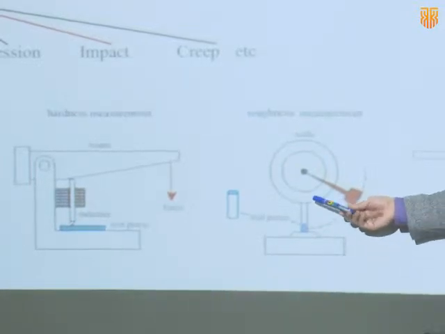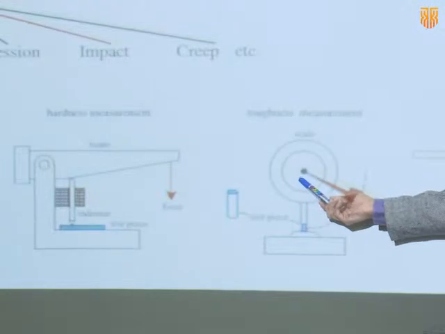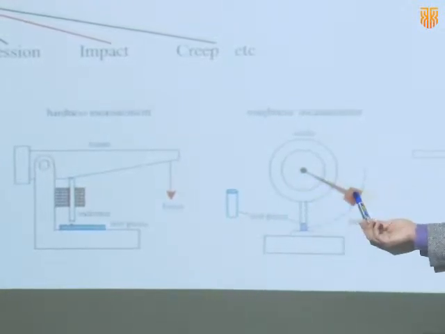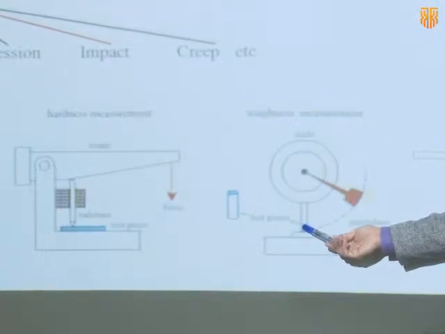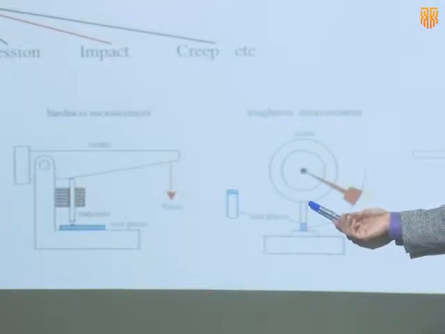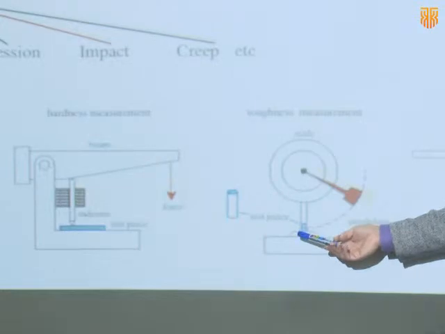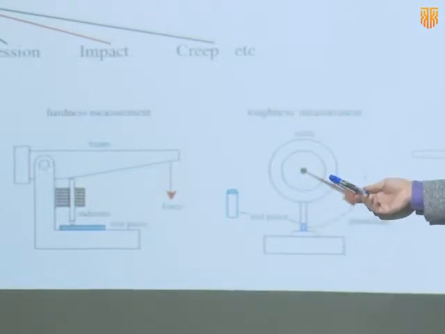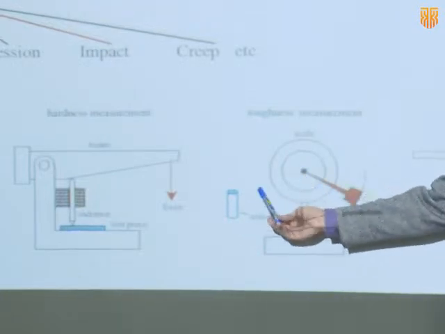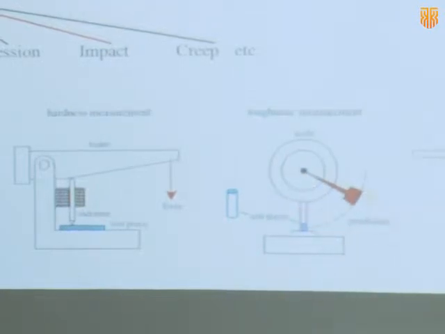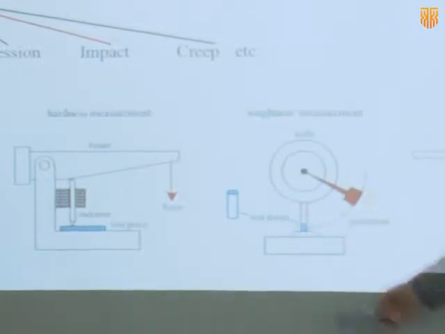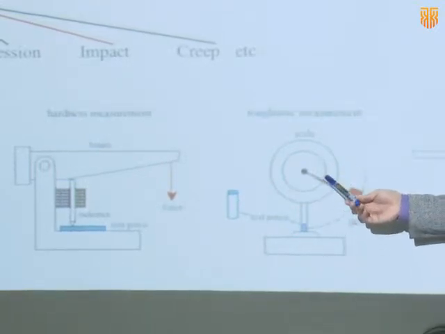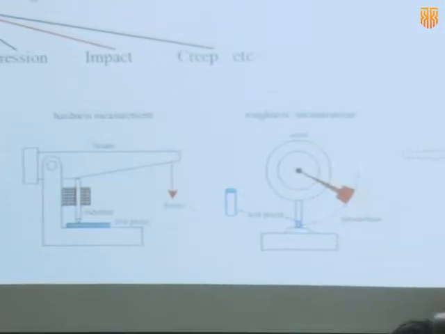So you can increase this angle until this hammer breaks this material. Then you will know how hard or how tough this material is, right? The bigger the angle is, the tougher this test specimen is. So this is how to measure how hard or how tough the material is.